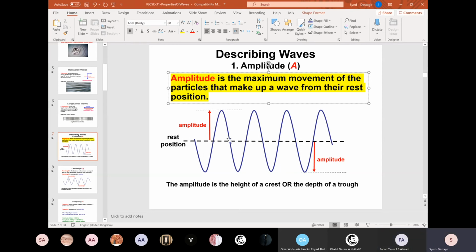So in the middle, if you imagine the equator of the Earth, this is the rest position of the wave, where the wave doesn't actually move at this position. And the amplitude is the highest point of the wave. Okay, so from the rest position to here. So we need to draw these waves, label the amplitude, and write down the meaning of amplitude, please.